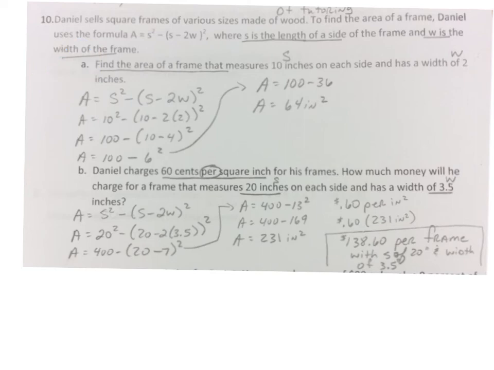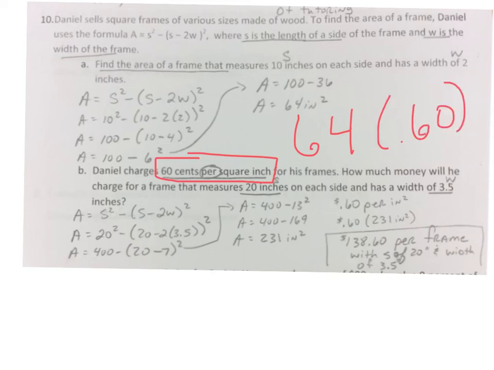And if you look, it's saying now, hey, he's going to charge 60 cents per square inch. Well, up here, since I had 64 square inches, I could have multiplied that by 0.6 and found out how much he charged for this first one. But instead, I've given you new dimensions. Now I've given you a 20-inch side and a 3.5-inch width.